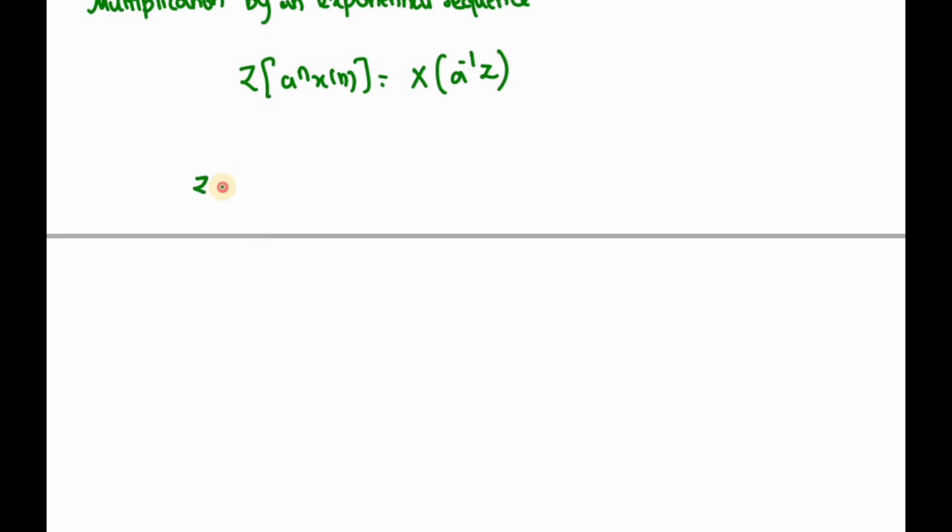what is a power n x of n, that is equal to summation n equal to minus infinity to infinity a power n x of n z power minus n.